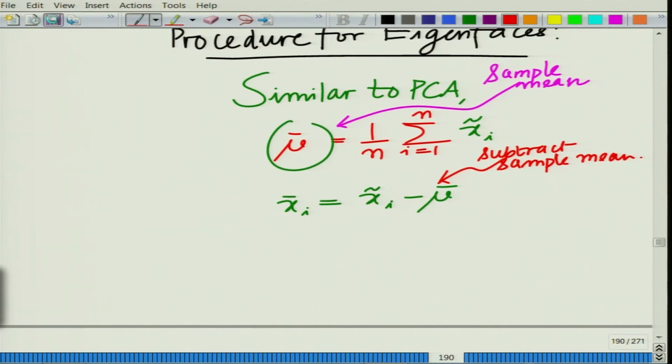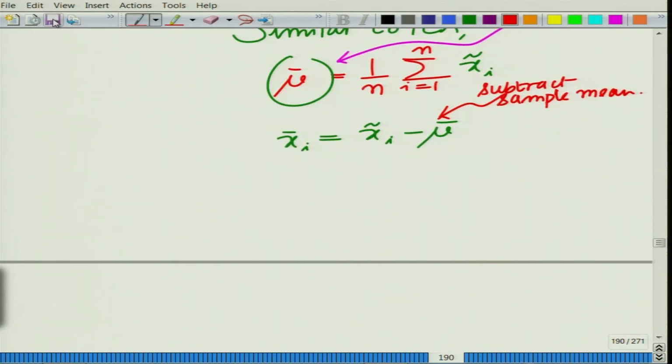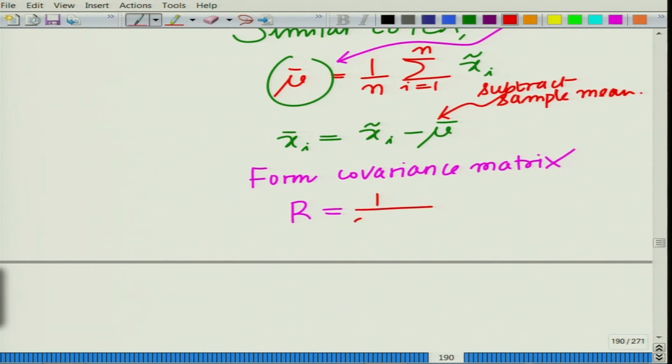And then we form the covariance matrix. Now, form the covariance matrix, or rather the estimate of the covariance matrix, which is given as R equal to 1 over n minus 1 summation i equal to 1 to n x i bar times x i bar Hermitian.